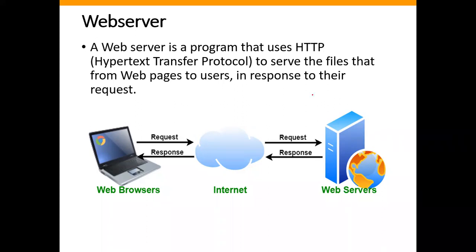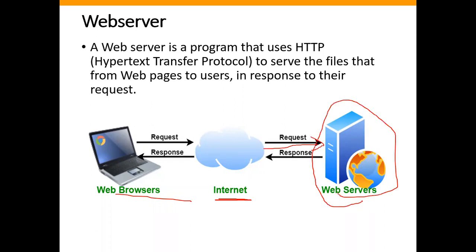In that web server, we are going to create our websites. So from your browser, whenever you connect through the internet, it goes to some machine. That machine is known as a web server. The EC2 machine which we are going to create, we can convert into a web server.